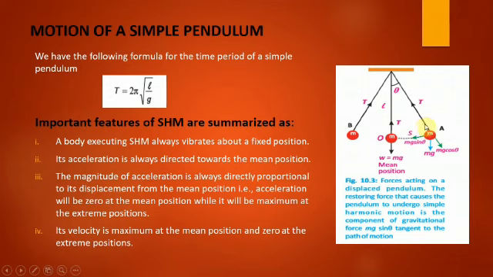So students, you can see that cos theta is not acting here because the body is moving in this direction. So which component of the weight is acting here? That is mg sin theta. Sin theta is for the perpendicular component and cos theta is for the horizontal or x component.